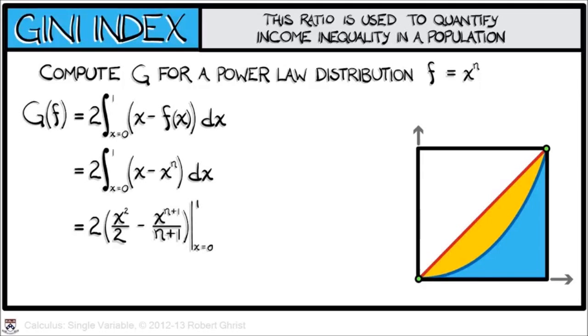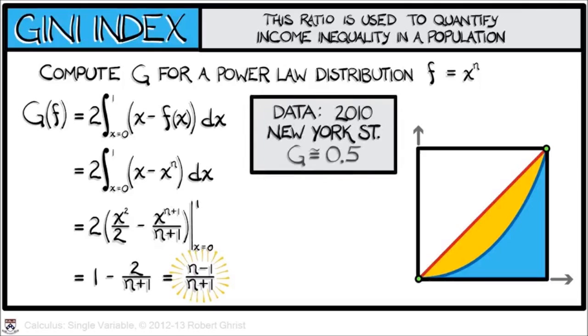It's going to be x squared over 2 minus x to the n plus 1 over n plus 1. Evaluating from 0 to 1 and then doubling, what do we get? We get 1 minus 2 over n plus 1. Putting that over a common denominator yields the result of n minus 1 over n plus 1.